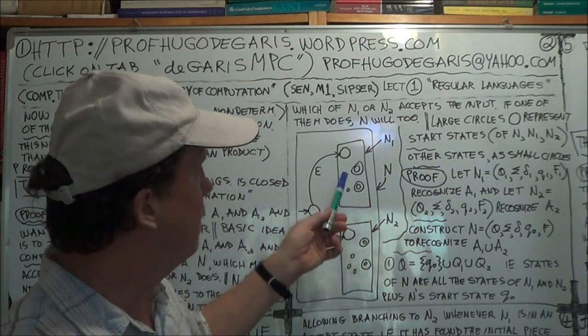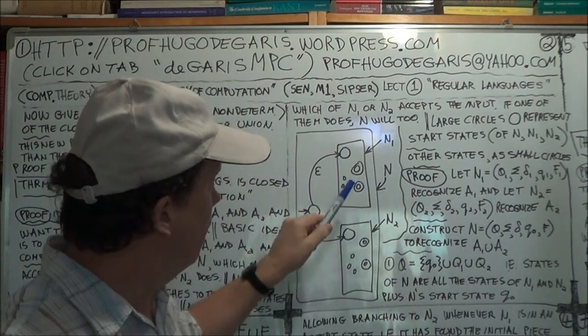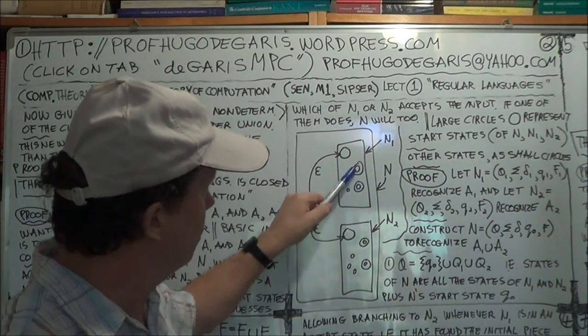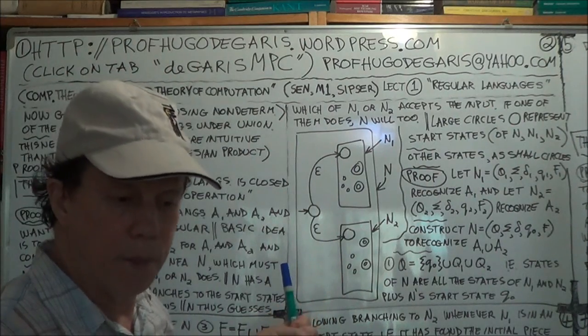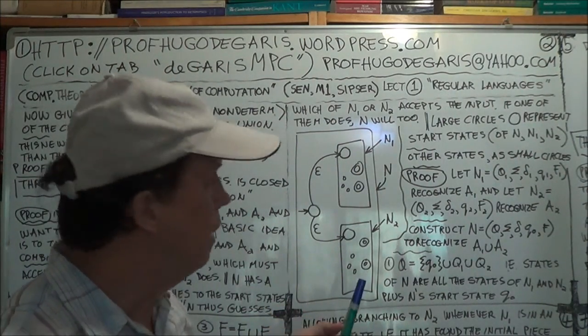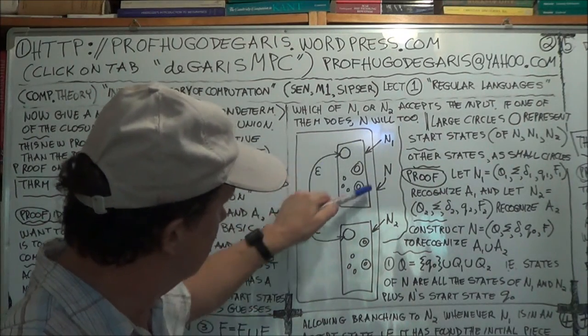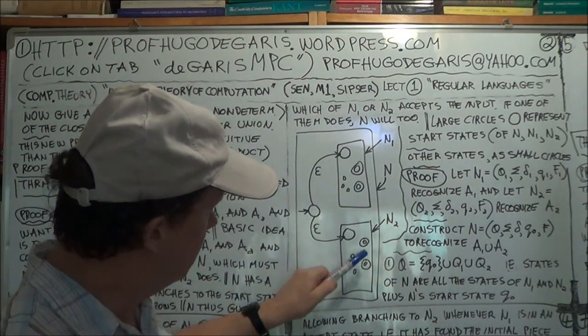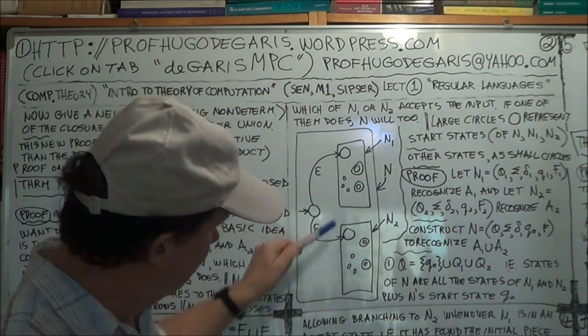Non-accept states, just other states in the finite automaton. Okay? And the double circle states, well, as usual, they are your accept states. So these would be the accept states of N1, this automaton here, and these accept states in automaton N2.